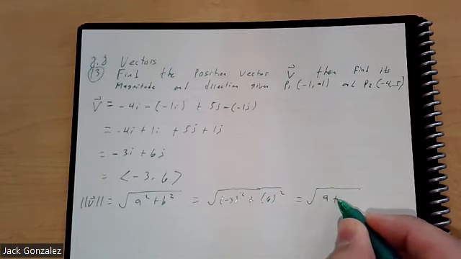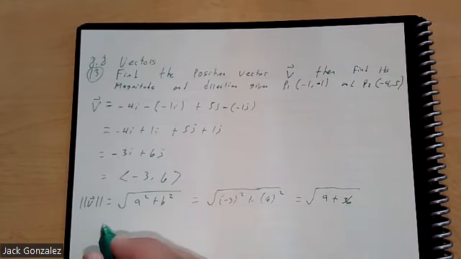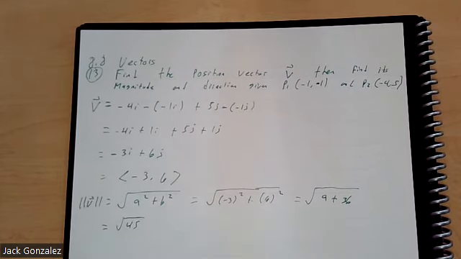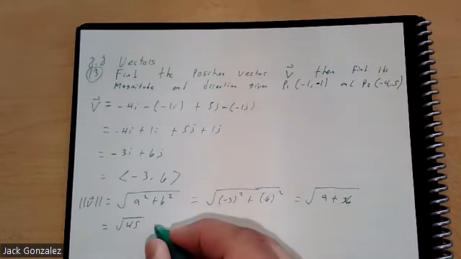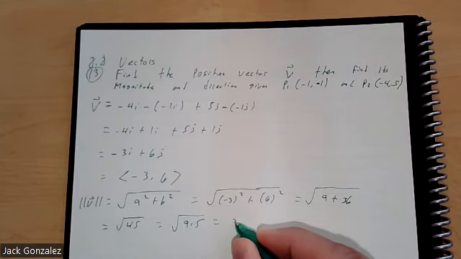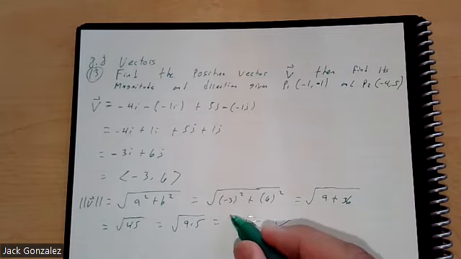That'll be 9 plus 36. 36 plus 9 is 45, right? Which reduces. There's my magnitude.